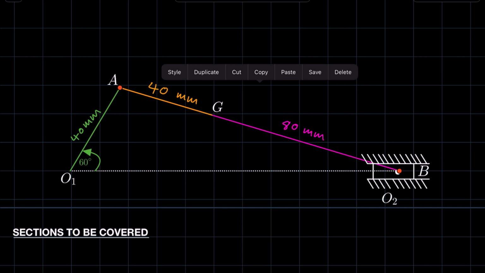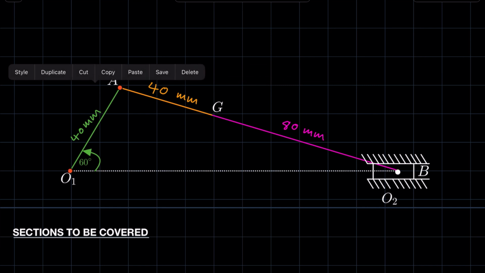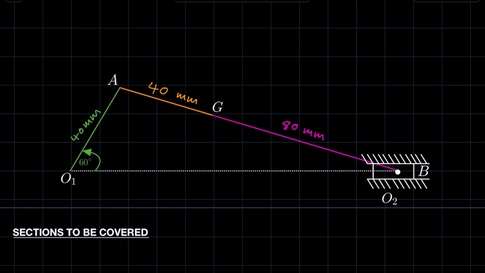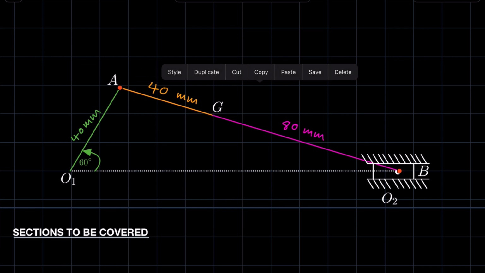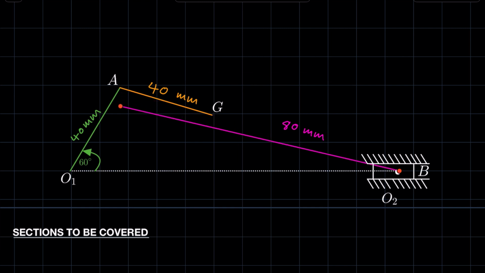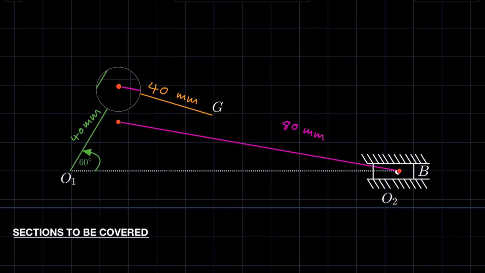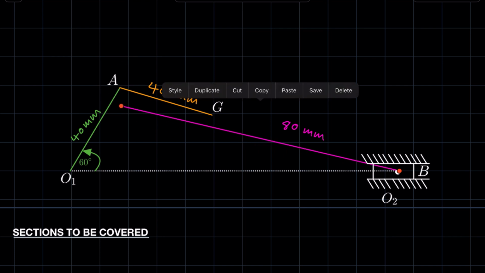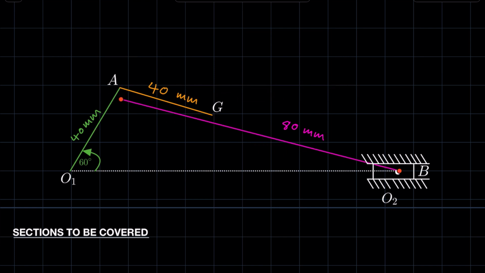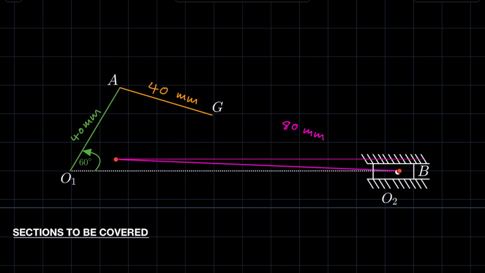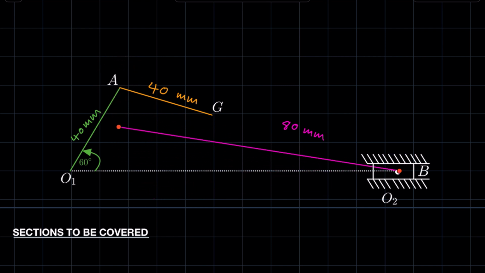If the crank rotates clockwise, the crank is going to somewhat pull the connecting rod, meaning it will go in this direction. Now, if this is being pulled, it means essentially it will be rotating anti-clockwise.